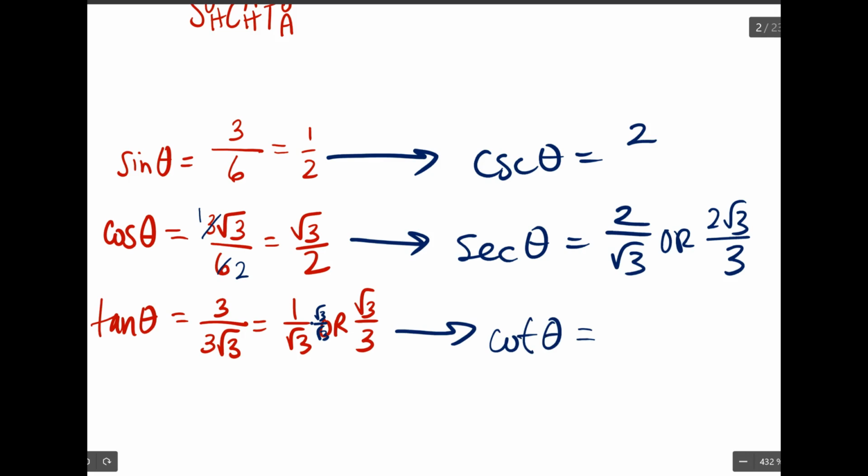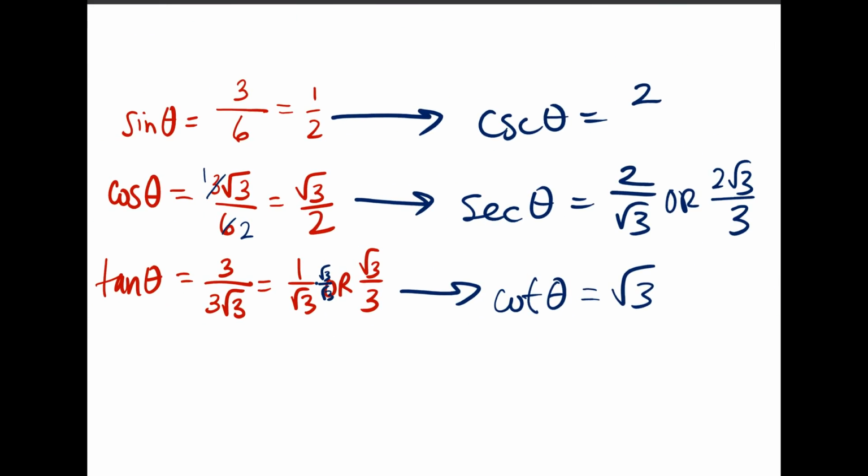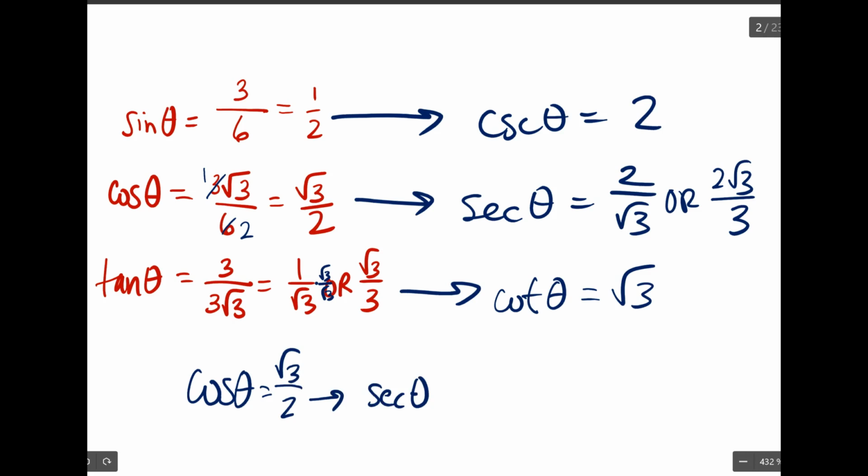So let's do 3. Okay. So, do I have room right here? Perfect. Rationalizing it. Okay, so let's take the secant. So cosine was √3/2. Meaning, when I flip it, secant's going to be 2 over √3.